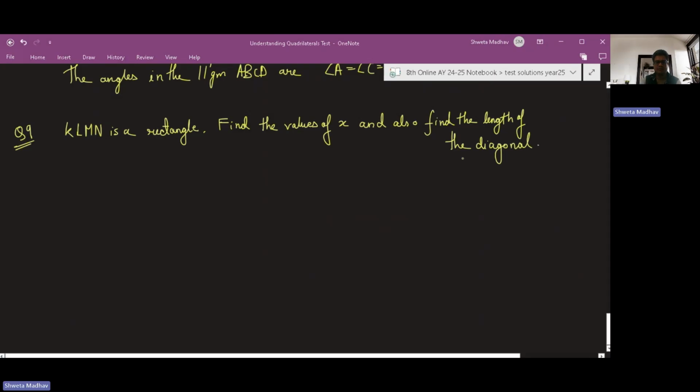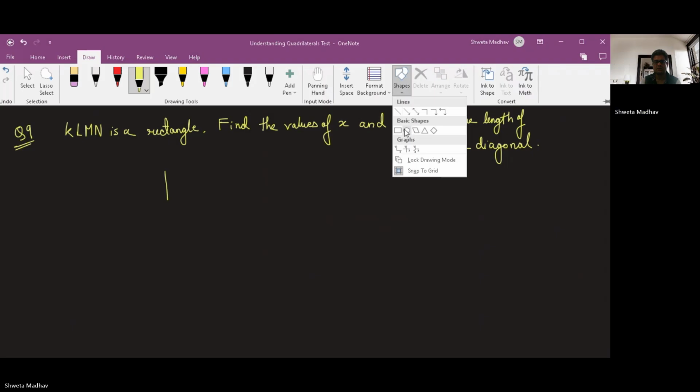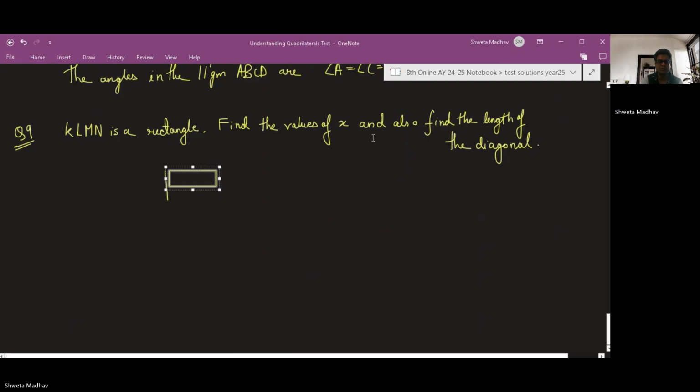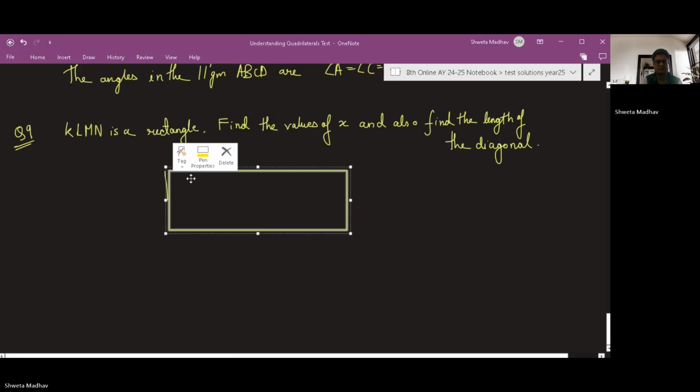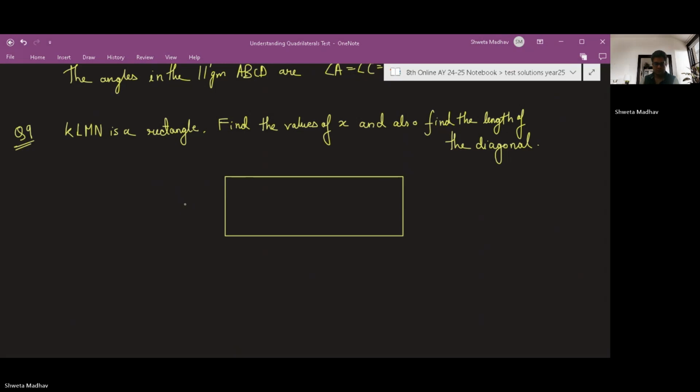KLMN has been told to be a rectangle. So this is one diagonal and this is another diagonal.